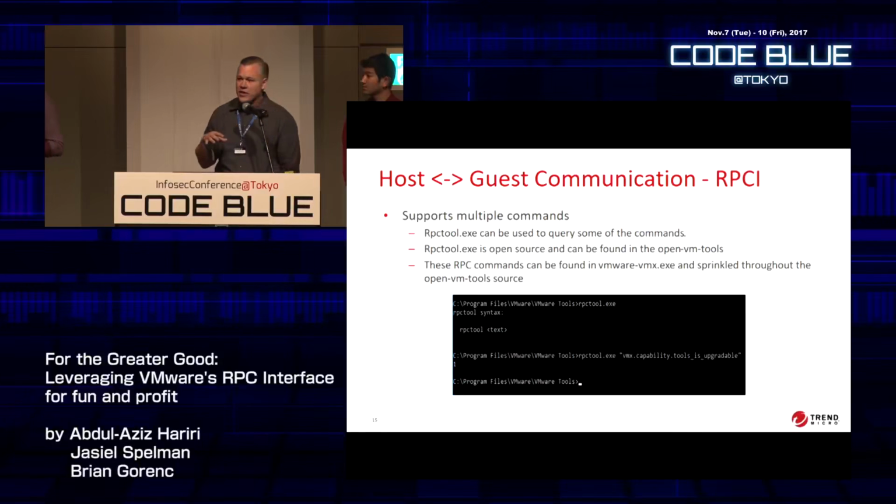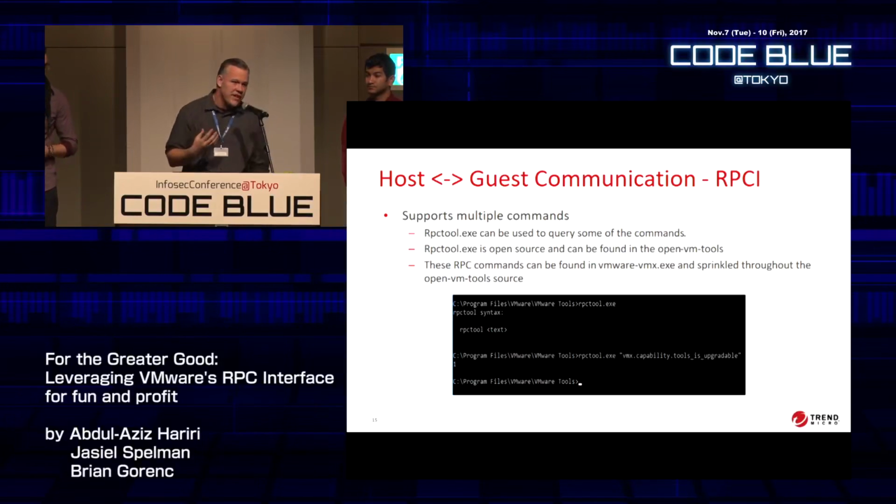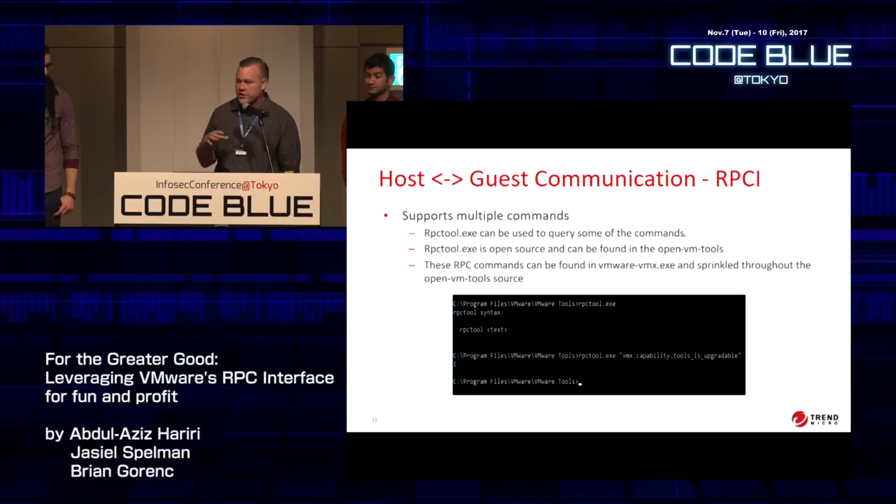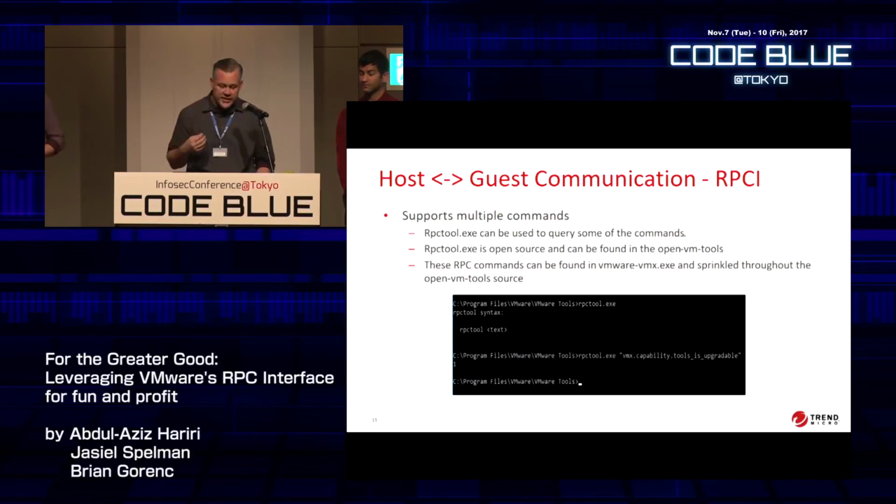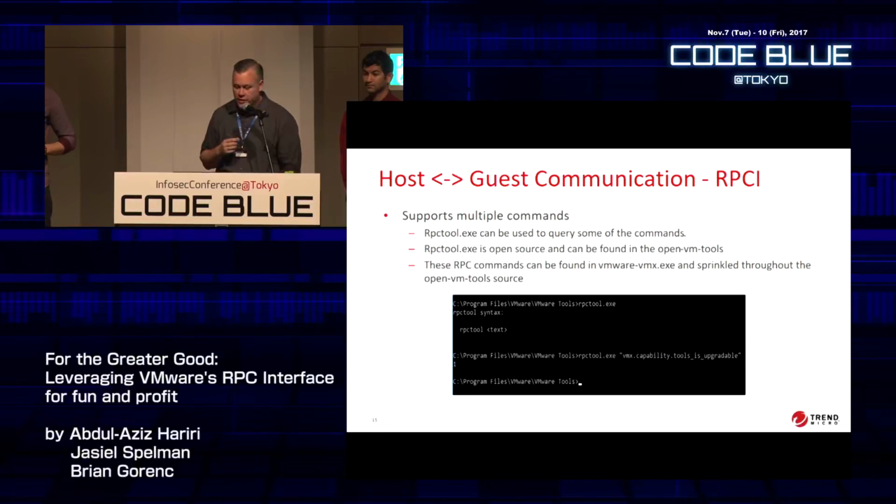Now, if you want to examine what functionality exists in the RPC part of the backdoor, there are some publicly available tools that allow you to trigger some of these commands, so you can understand if the functionality is working, and you can test whether your scripts are providing the right values. In VMware Tools, rpctool.exe allows you to query those commands. It is open source and available in Open VM Tools, which is really a goldmine of information on how to communicate back and forth over that channel.